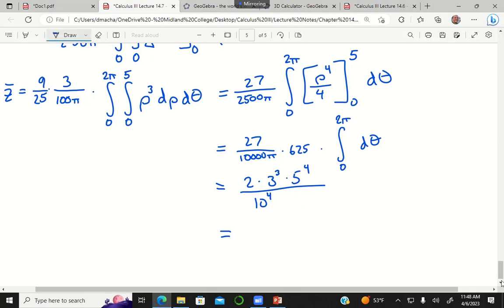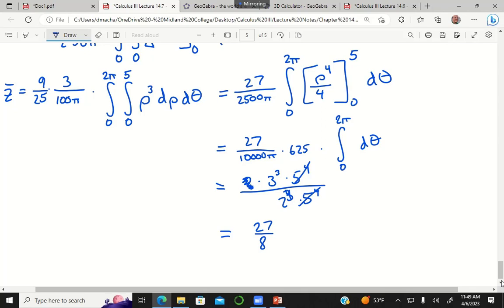Cool. So 10 to the 4th is just 2 to the 4th times 5 to the 4th, so I could also make that change. 2 over 2 to the 4th is just 2 to the 3rd, and then these 5 to the 4ths cancel. And then really, I get 3 to the 3rd over 2 to the 3rd, so that's 27 over 8.